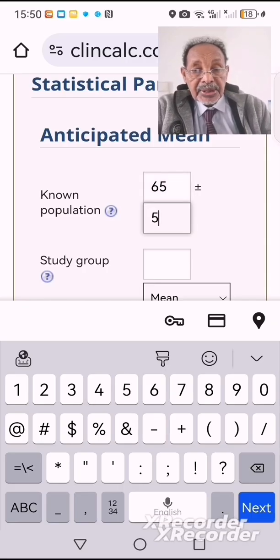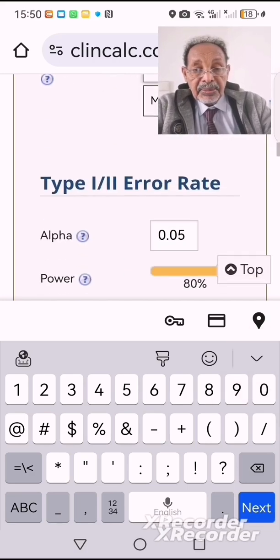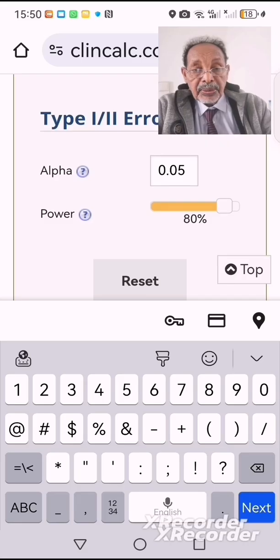That it could be 60, it could be 70. And for the study group, we expect it to be 70. This is the mean of the expected group of registrars for training. Now we would like to know how many registrars should we incorporate in such a training program.